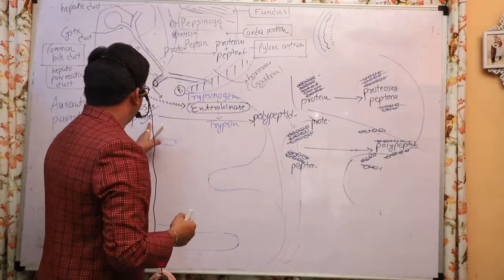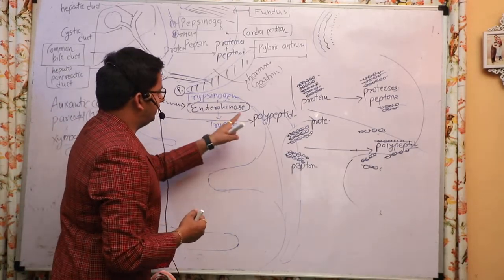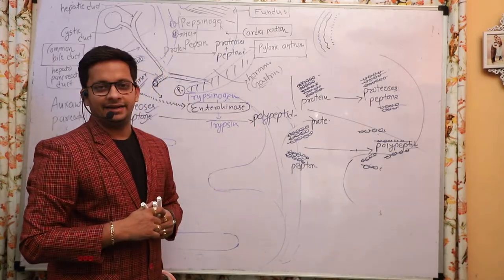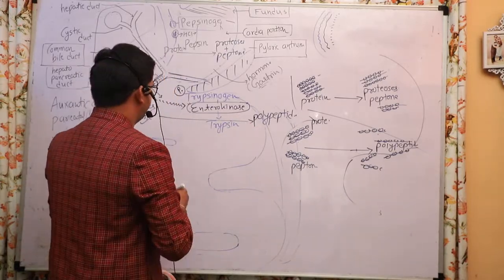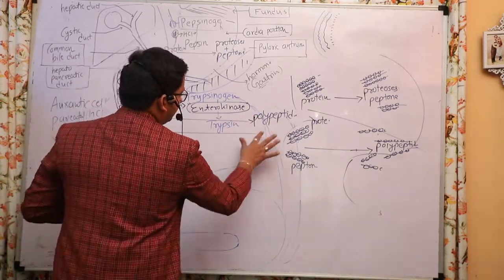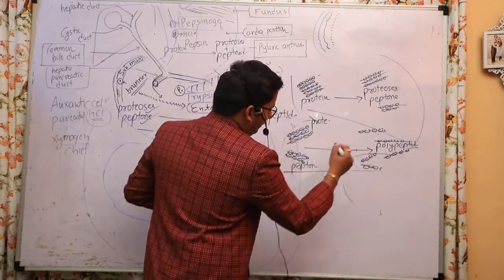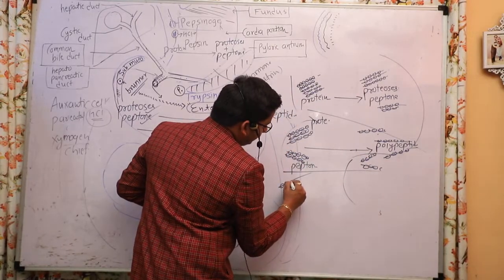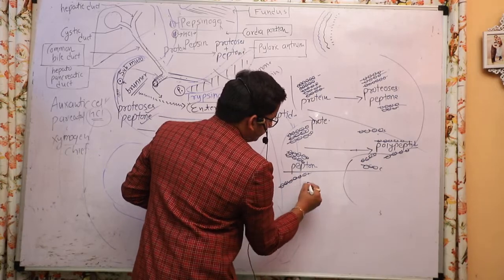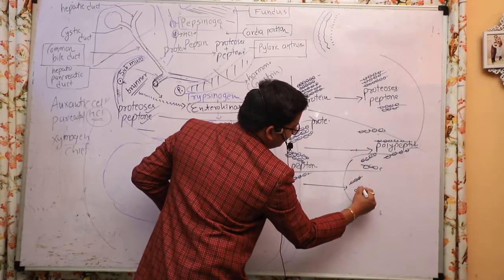First one, as you have studied, proteolysis and peptone will convert into polypeptide. And the next one, this polypeptide will convert into smaller polypeptide. All polypeptide, this is the single strand of polypeptide, but it will be converted into smaller polypeptide.